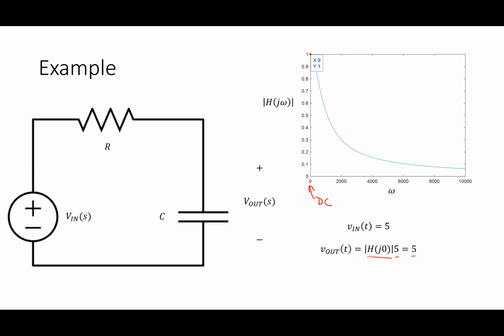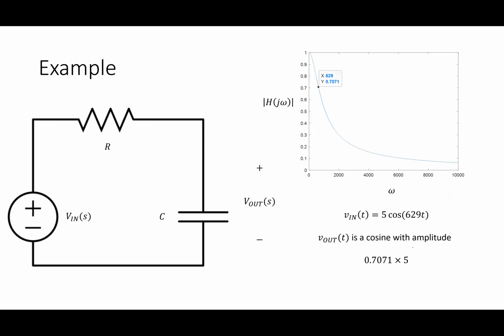Then, what happens if I put in 5 cosine 629t? I go to 629, the omega variable, the x-axis variable. At omega equal to 629, this has a magnitude of 0.707.